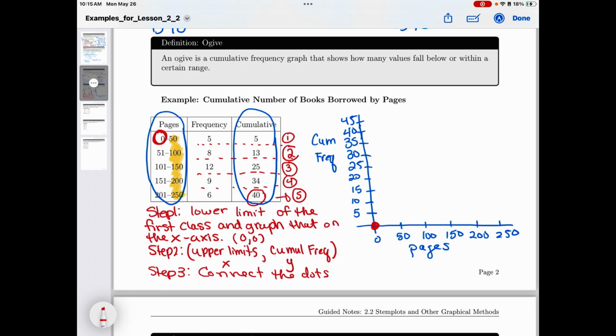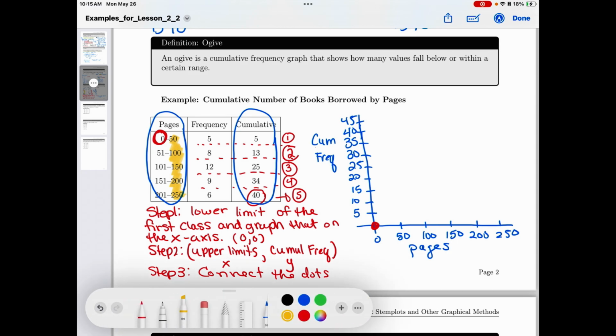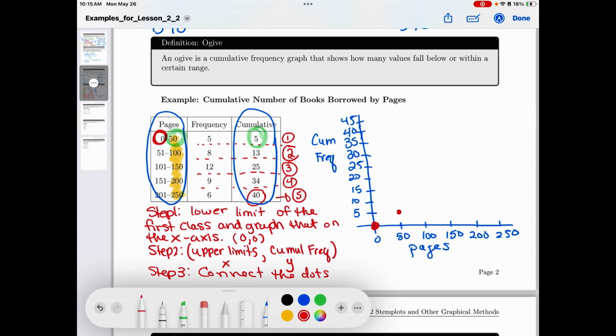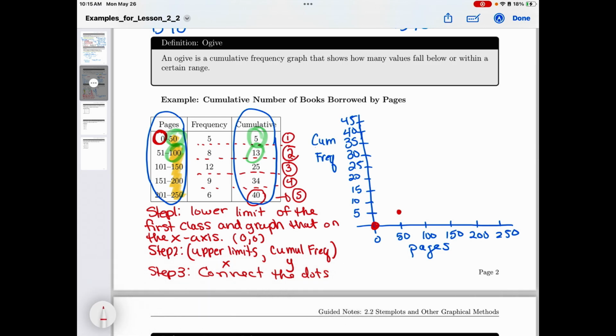So that means I'm going to graph the point 50, 5. So 50 is going to be used for my x, 5 is going to be used as the y. So I'm going to come out to 50 and go up to 5. Then I'm going to use 100 for my x and 13 for my y.